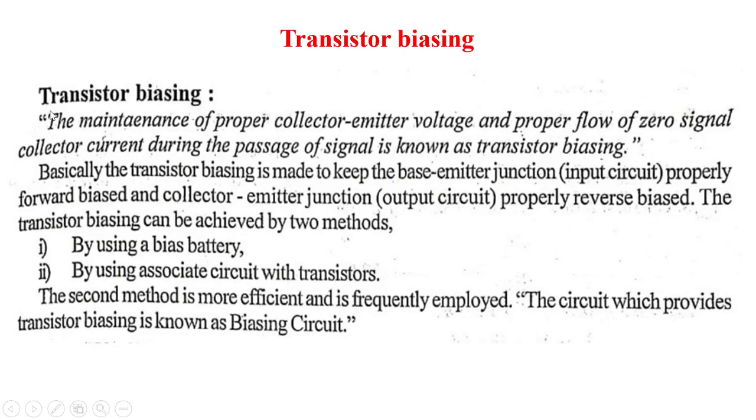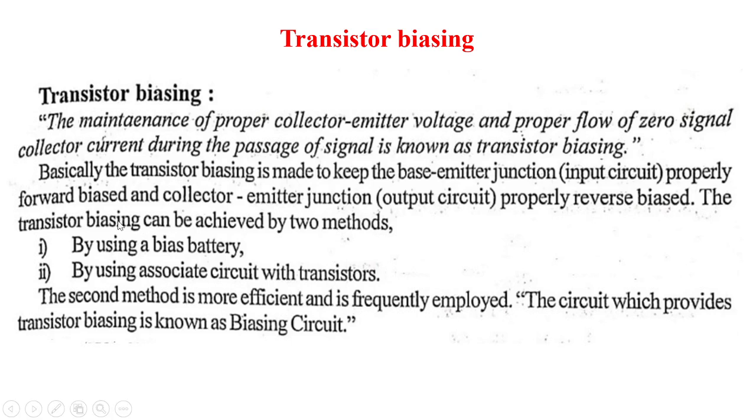Now we also study here transistor biasing. The maintenance of proper collector emitter voltage and proper flow of zero signal collector current during the passage of signal is known as transistor biasing. Basically, transistor biasing is made to keep the base emitter junction, the input circuit, properly forward biased and the collector emitter junction, the output circuit, properly reverse biased.